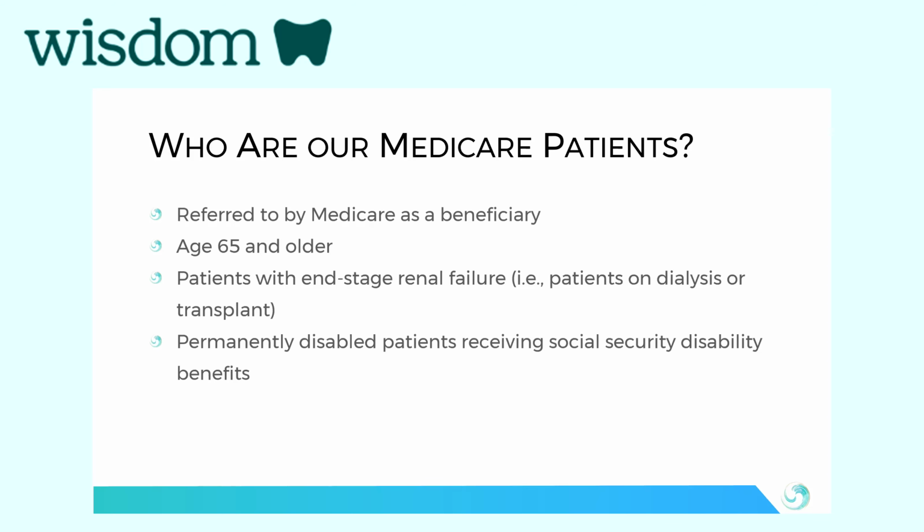Permanently disabled patients receiving Social Security disability benefits. My husband's been on Medicare since he was 46 years old. So, age, you cannot assume just because the person's not 65 that they don't have Medicare. Patients with ALS also receive Medicare.